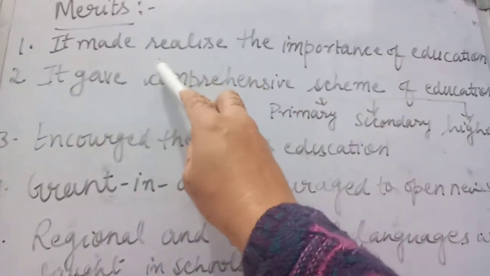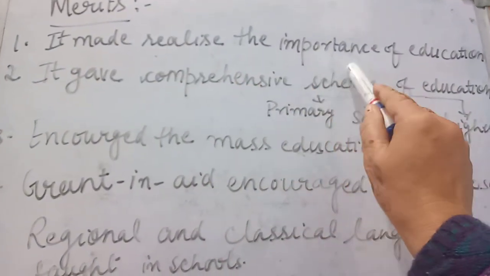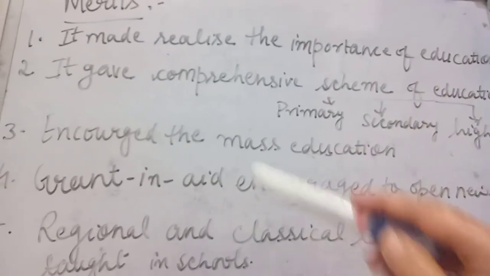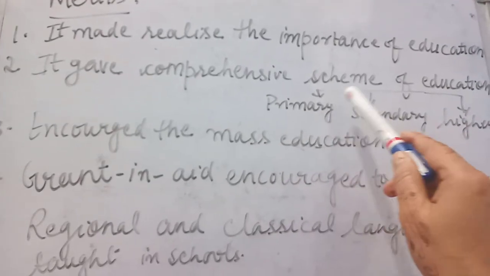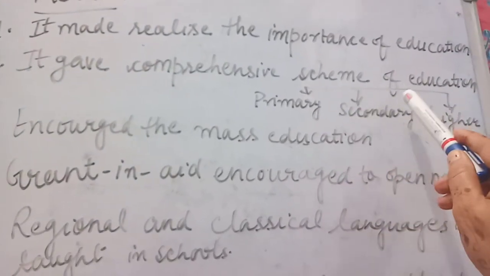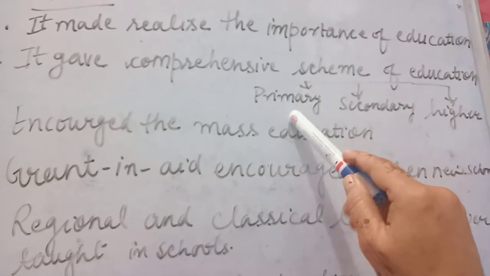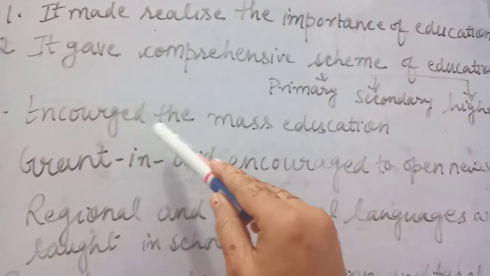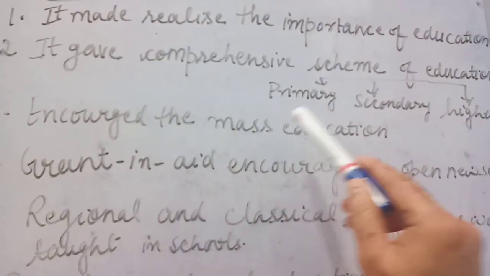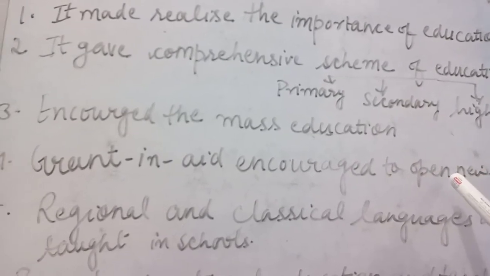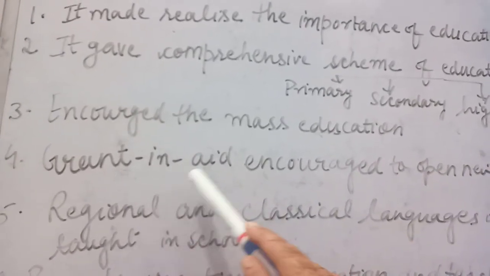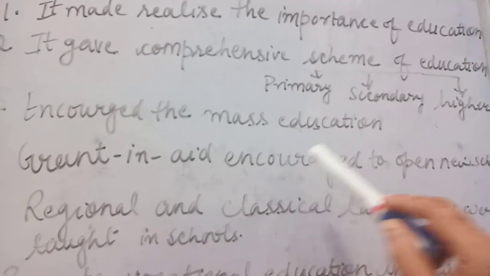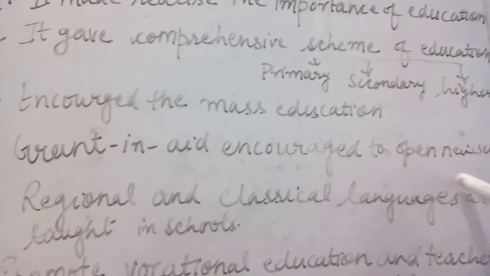It made the government realize the importance of education for people, and it gave a comprehensive scheme of education for primary level, secondary level, and higher education. It encouraged the promotion of mass education, and the grants-in-aid system encouraged private organizations to open new schools.